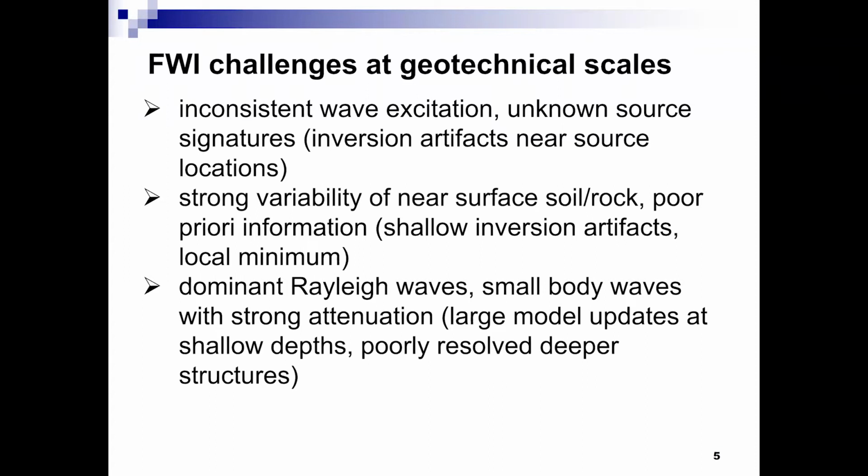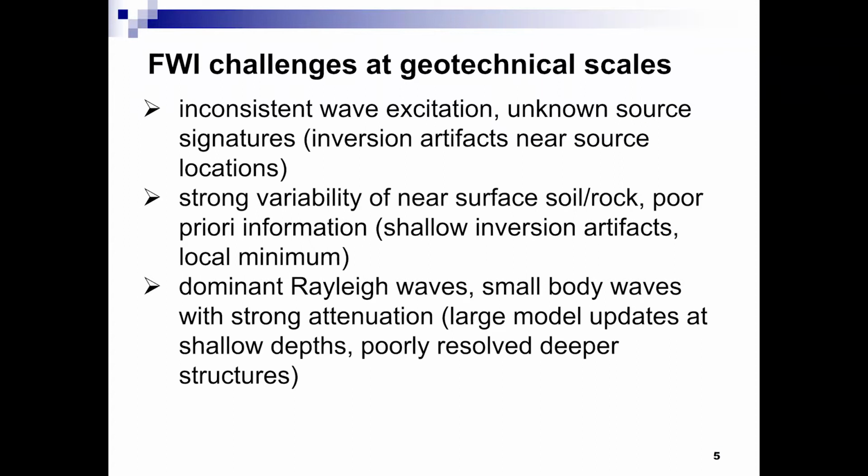For seismic testing, if we use a sledgehammer to generate the wave field, the wave excitation is not consistent. We don't apply the same load at each source location, and we don't measure the source signature. So inconsistent wave excitation and unknown source signature produce inversion artifacts near the source location, in the first few meters around the source.